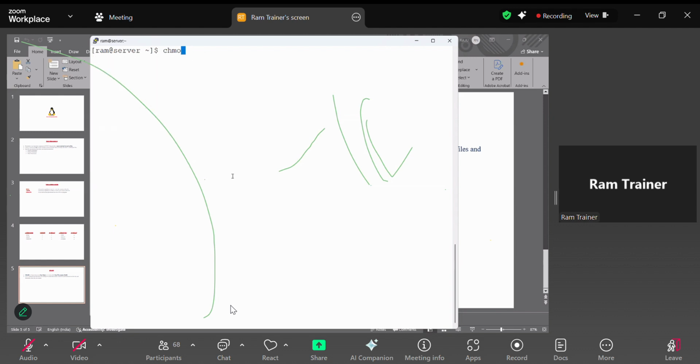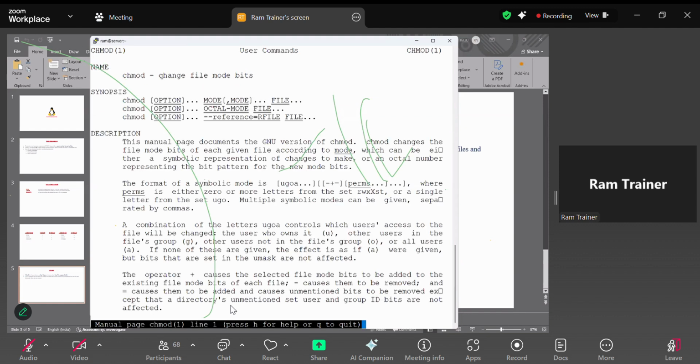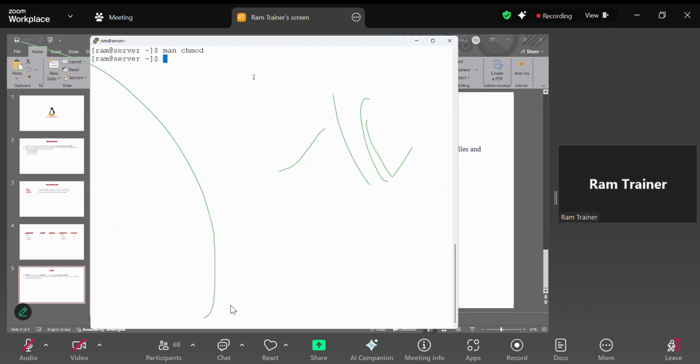Okay, so let me explain this chmod command. Chmod is the command to change file bits or file permissions. The official definition is: change file mode bits. It is used to change existing file or directory permissions.